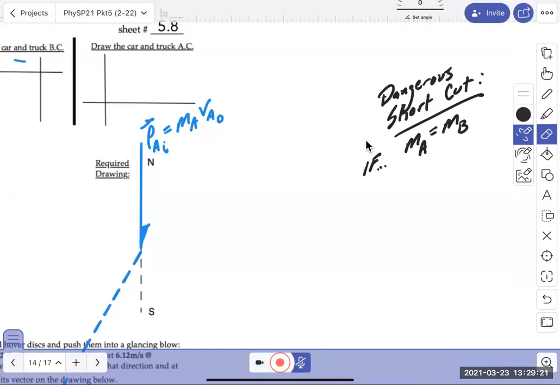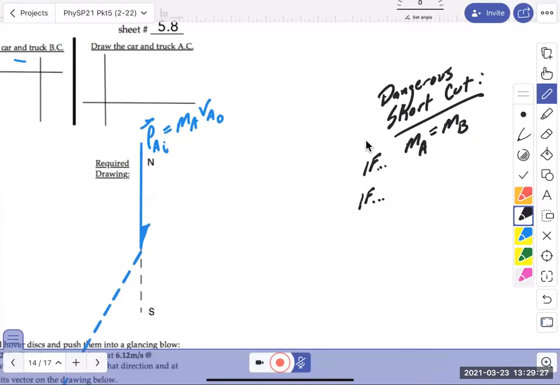And if, another big if, this is one students forget, if one of them, let's call it mass B, initially is static, meaning not moving.